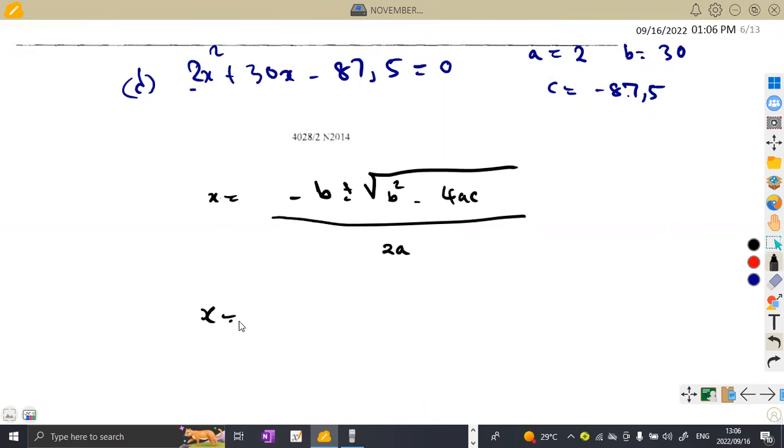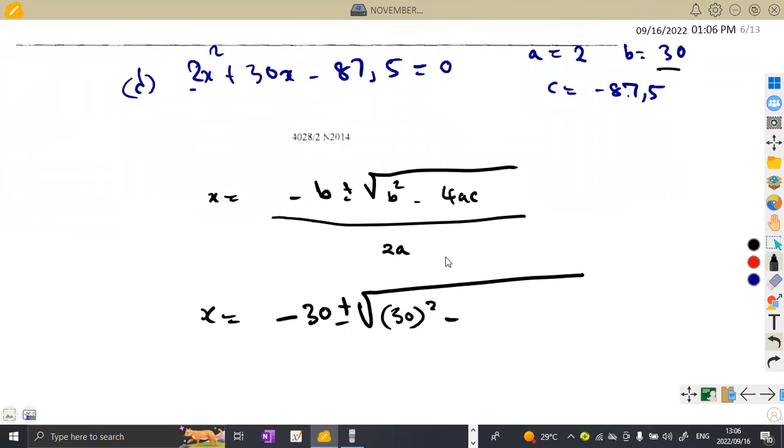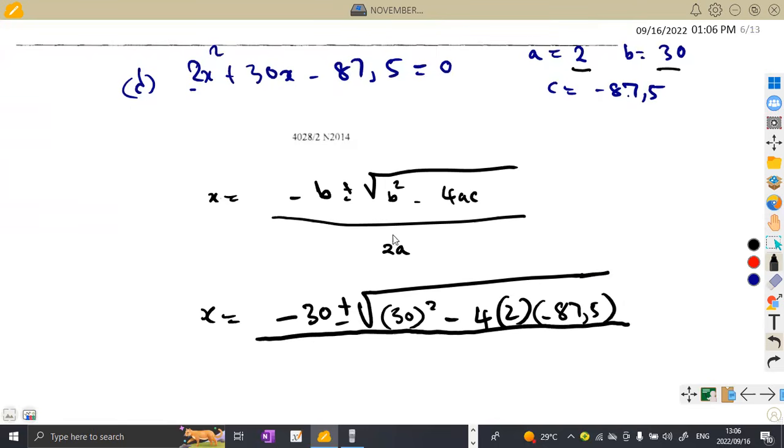Our b is 30 here, so it's negative 30 plus or minus the square root of 30 squared minus 4 times a, which is 2, times c, which is negative 87.5. The square root covers everything, and the division line must cover everything up to the last part. Then you divide by 2 times a, which is 2 times 2.